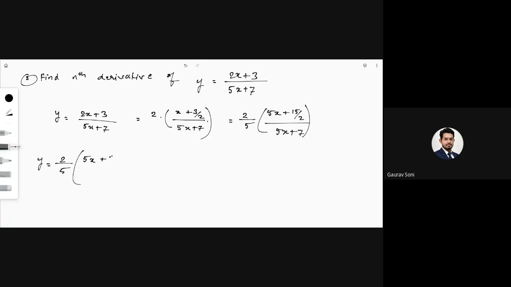So what I can do is 7 plus 1 by 2, total divided by 5x plus 7. Now this is 2 by 5 in bracket 1 plus 1 by 2 in bracket 1 upon 5x plus 7.